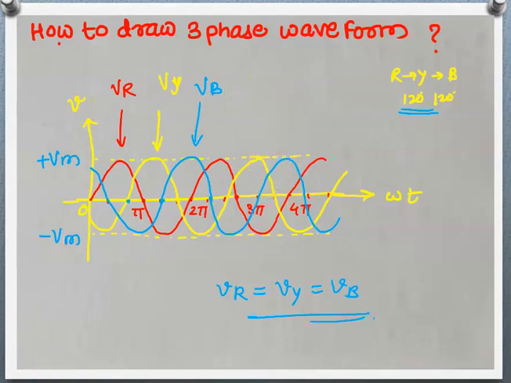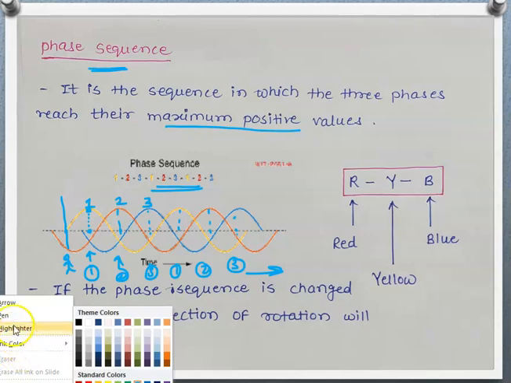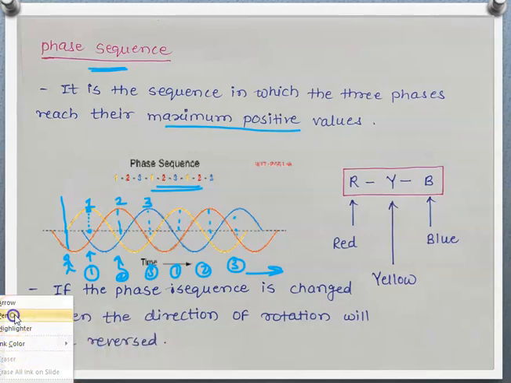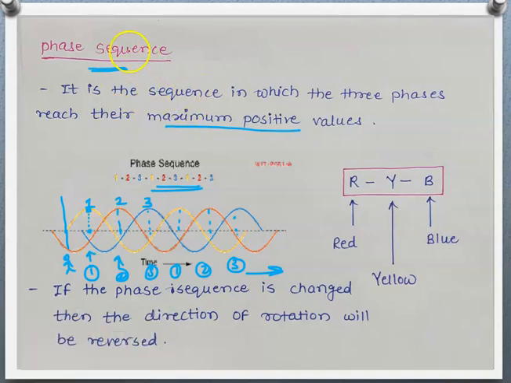Okay, now let's see what is meant by phase sequence. The phase sequence of a three-phase supply is the sequence in which the three phases reach their maximum positive values.